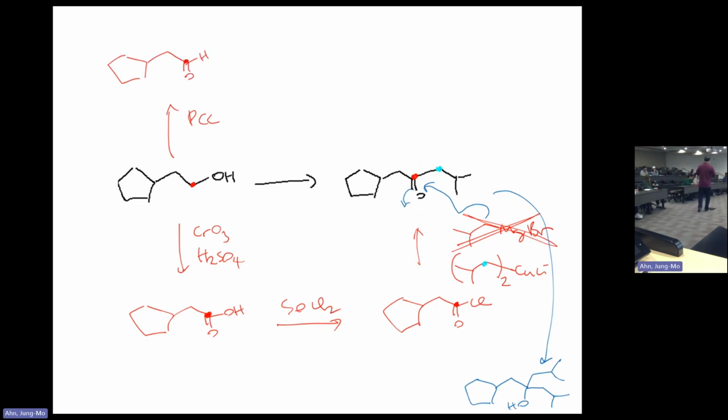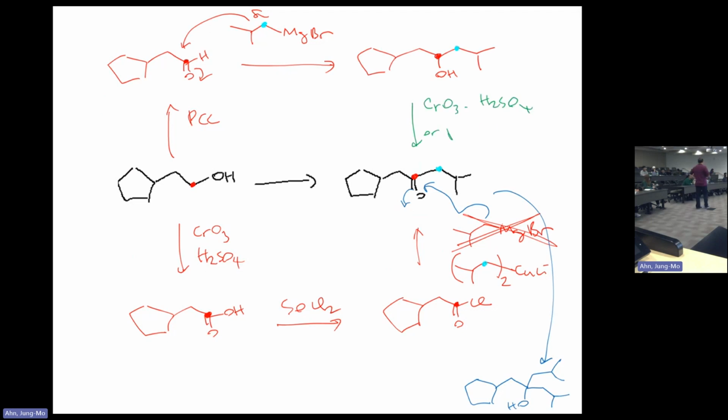Well, there's always another way. First of all, we oxidize to the aldehyde, right? Then you can use a Grignard to react with the aldehyde. That's OChem 1 chemistry. Then you get the alcohol. Then you can oxidize it to a ketone. So there's always another way. So if you forgot about the diethyl cuprate getting to the acid chloride, there's still another way to make it out. This has to be really creative.